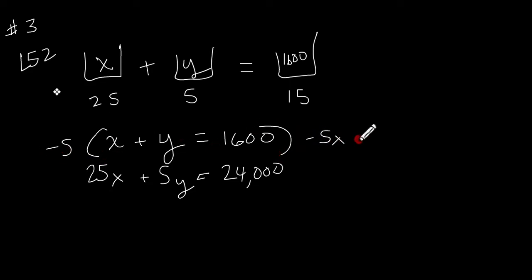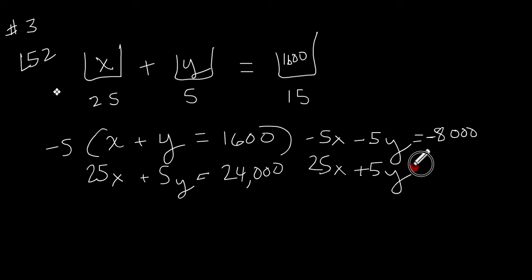Negative 5x minus 5y equals something. Okay, I did it on my calculator. So 5 times 1,600 is 8,000. And it's going to be negative. All right. And then the bottom is 25x plus 5y equals 24,000.